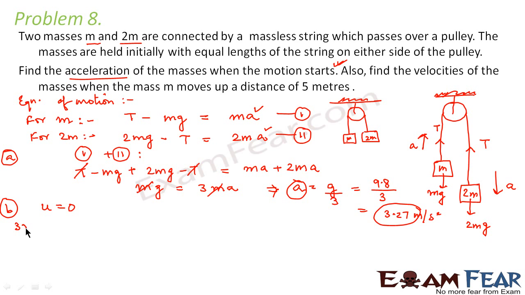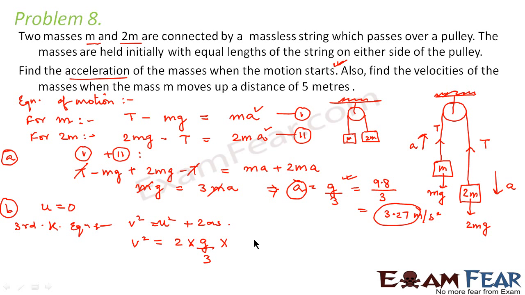Now we will apply the third kinematic equation. The third kinematic equation says v square is equal to u square plus 2as. That means v square will be equal to u square, which is 0, plus 2 into a. What will be the value of a? Acceleration would be equal to g by 3, as we found, into s.